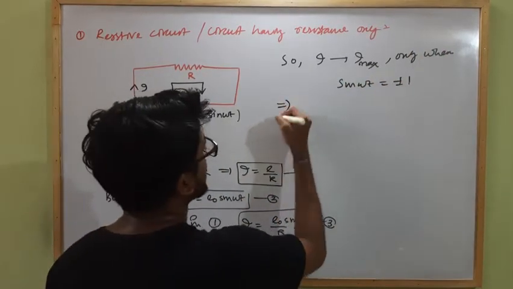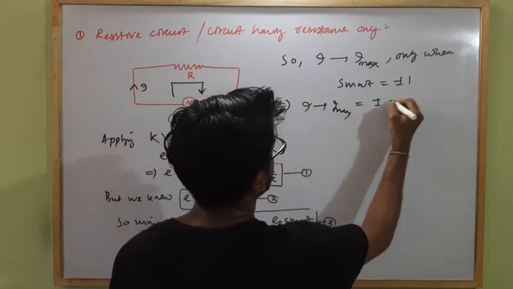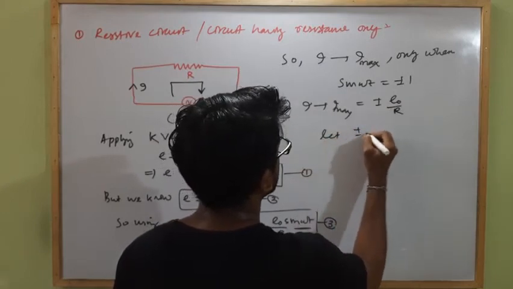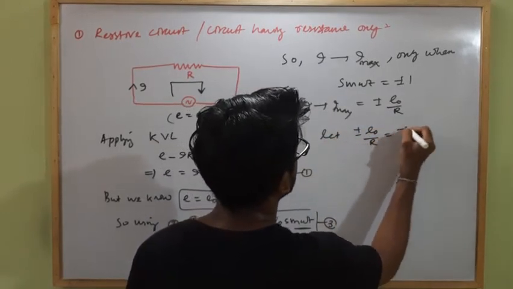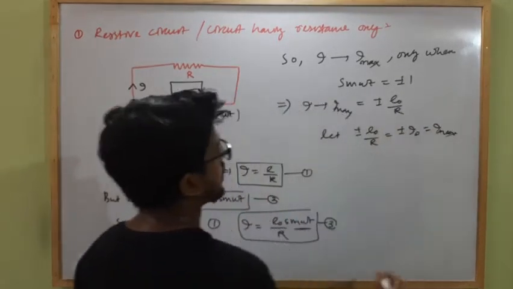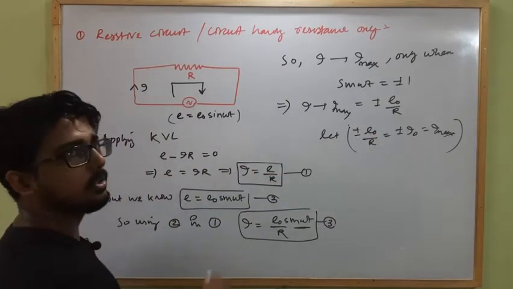So this implies I tends to I max, which is equal to plus or minus E naught by R. So let plus or minus E naught by R be equal to plus or minus I naught, which is equal to I max. Clear? So here E naught by R is the maximum value of alternating current.